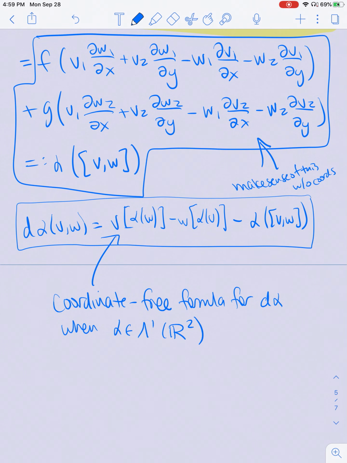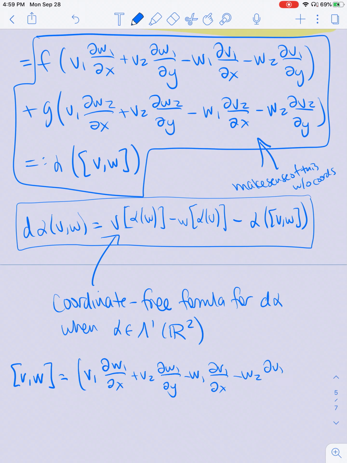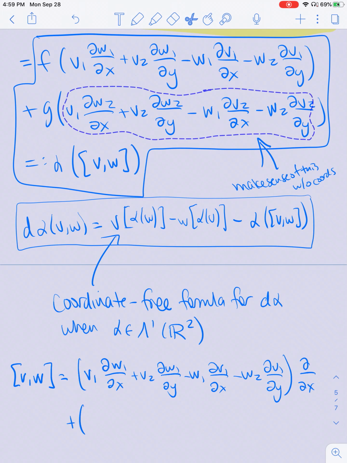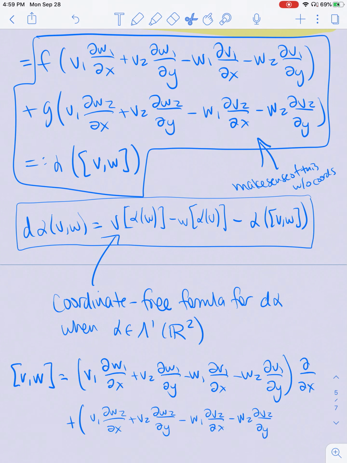If I want to call this alpha applied to some vector field, what I'm saying is that there's some vector field whose dx term is v1 dw1 dx plus v2 dw1 dy minus w1 dv1 dx minus w2 dv1 dy, d by dx, plus, I'm not going to write it all down again, just copy this, plus that second part, d by dy.